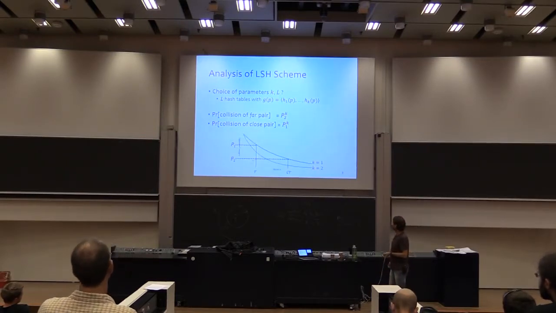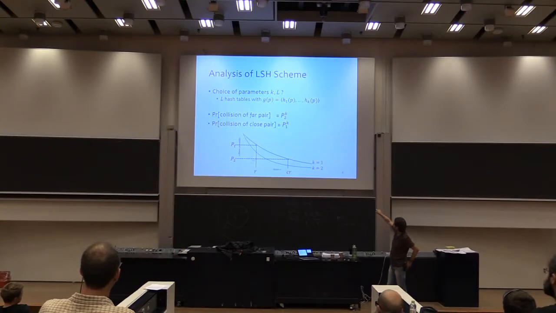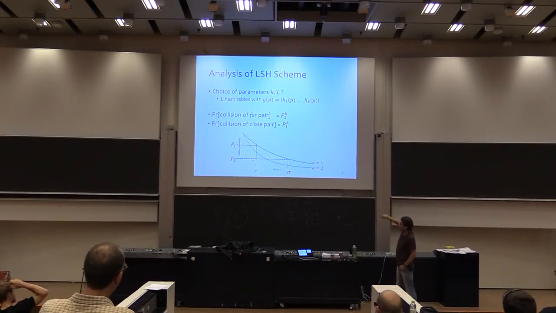Now, pictorially this is how it looks. This is collision probability on this axis, and this is the distance. That would be the graph of probability of collision for K equals 1. If we concatenate two of these functions, then it drops.